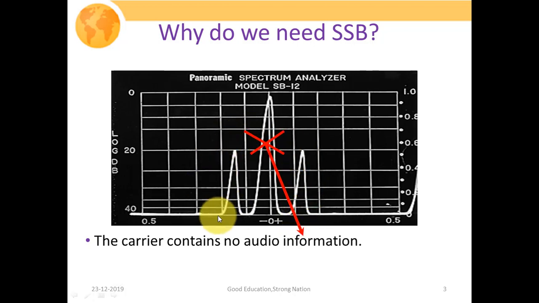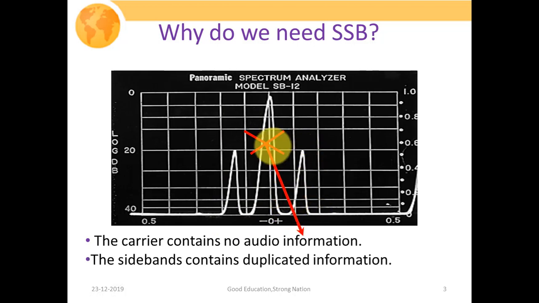I mean, the information in the lower sideband and in the upper sideband is the same. So if we could suppress one of the sidebands and allow only a single sideband to pass, the purpose of communication is still served, and in this manner we could further save power as well as bandwidth.